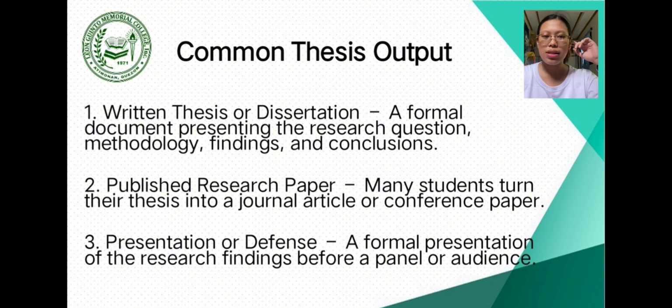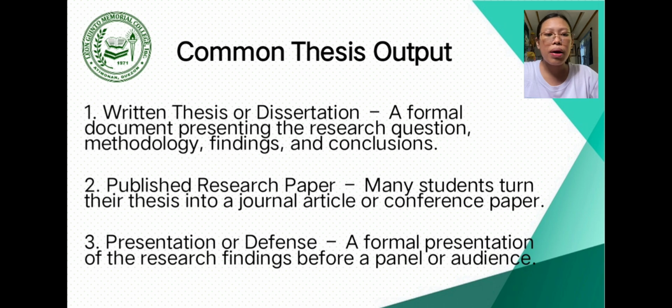What is that dissertation? It is a formal document presenting the research question, methodology, findings, and the conclusion. This is the part of research which is chapter 1 that includes the statement of the problem, methodology, findings, and the conclusion.